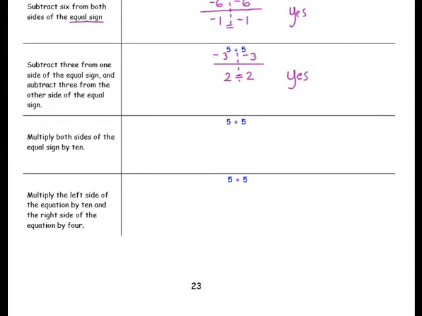Next, multiply both sides of the equal sign by 10. We show multiplication with parentheses. Notice that you do not need a times sign. On the left, 5 times 10 is 50. On the right, 5 times 10 is 50. These values are equal.